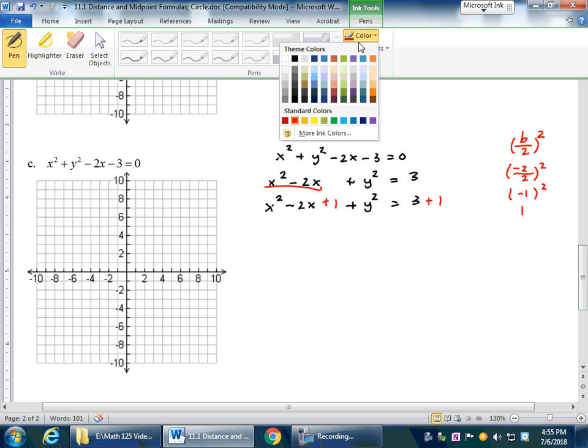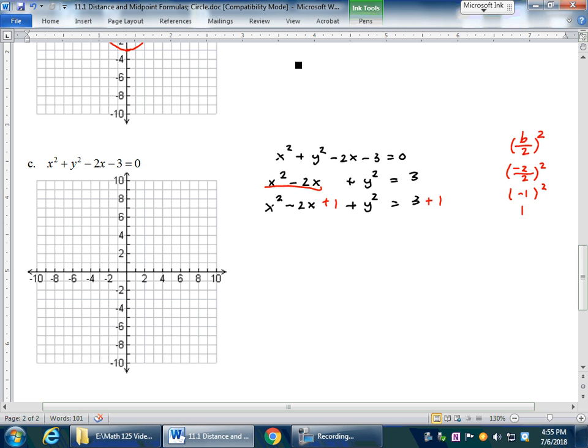So finally, this helps me get my answer, which is x minus 1 squared, my standard form, plus y squared equal to 4. That allows me to see that my center is 1 for x and 0 for y. And my radius, since 4 is 2 squared, will be 2.